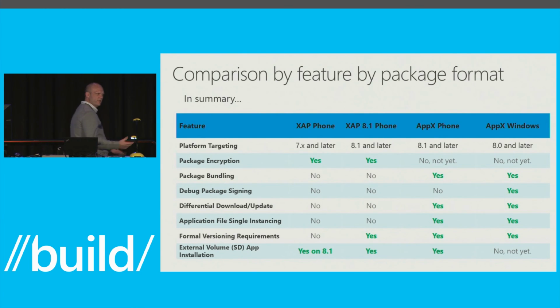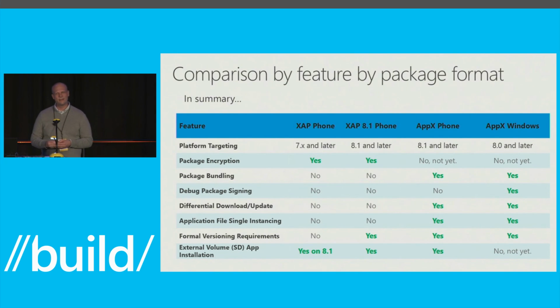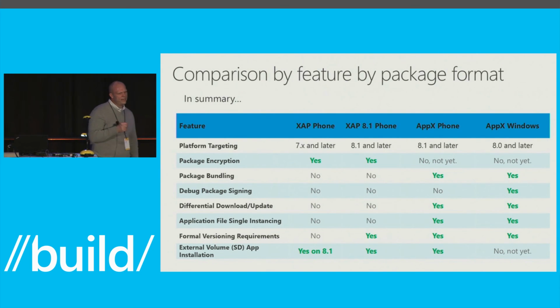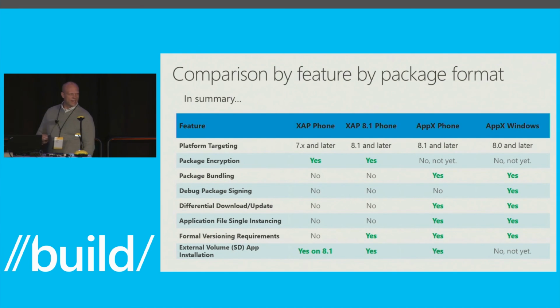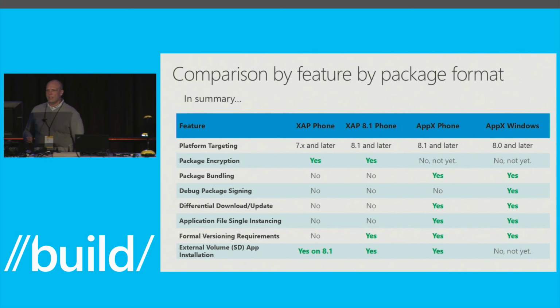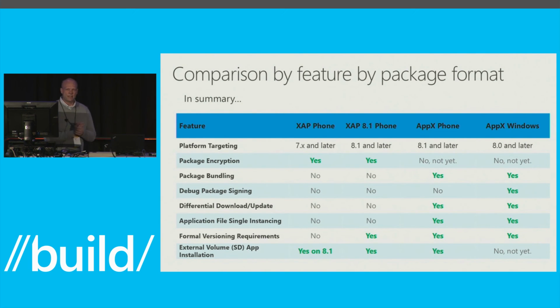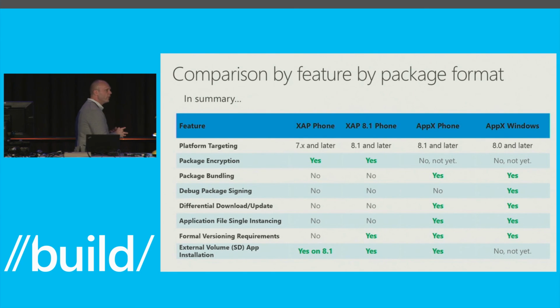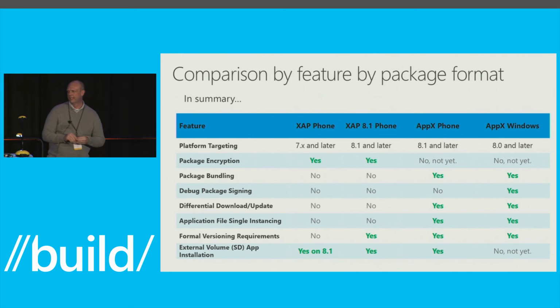You'll see this in your own testing of your migration upgrade scenarios, but we'll fail it if the version is not higher, which is really good because it enables some other scenarios we don't have time to talk to today about making a distinction to avoid down-leveling an application or downgrading it, and that's something we never like doing. And external volume SD app installation is only unavailable on Phone today, and that's the last one that we hit.